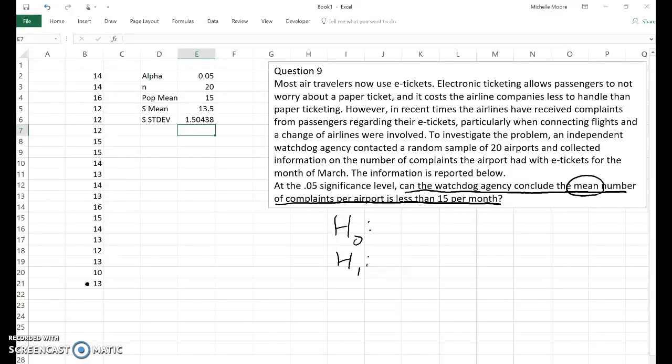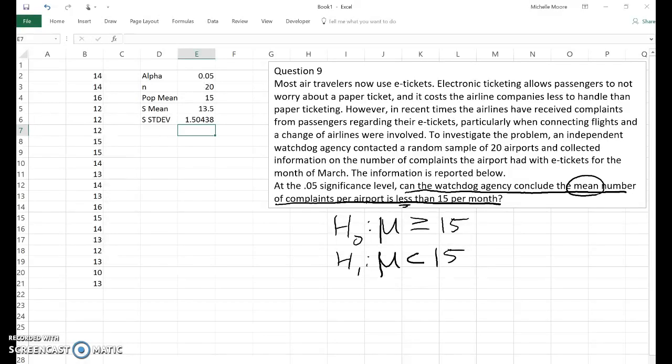Our question, we're going to start in the alternate, is: is the mean less than 15, which means the null is the mean greater than or equal to 15. So this is how we should set up our null and alternate hypothesis statements.